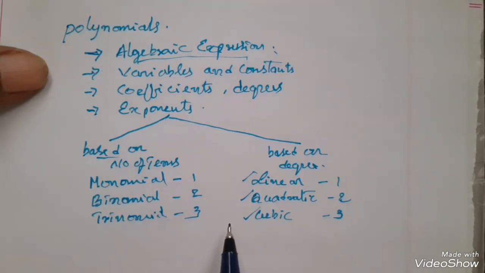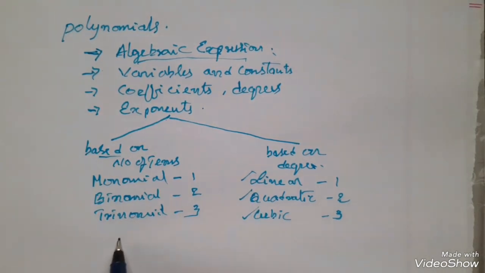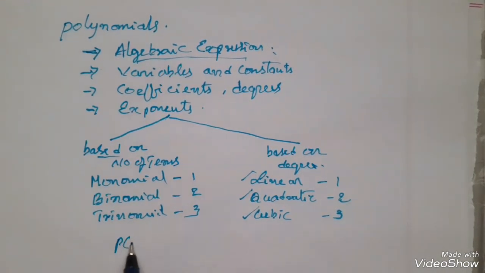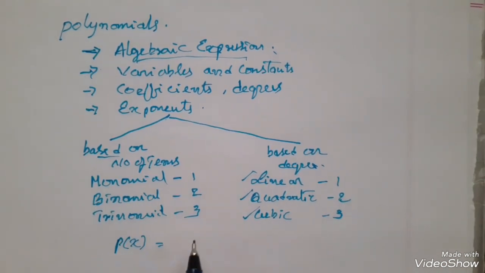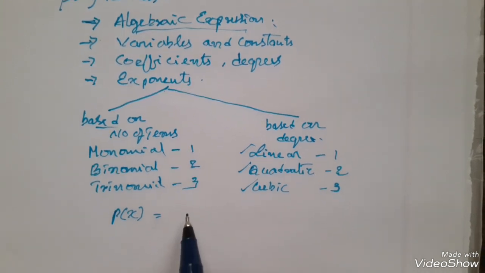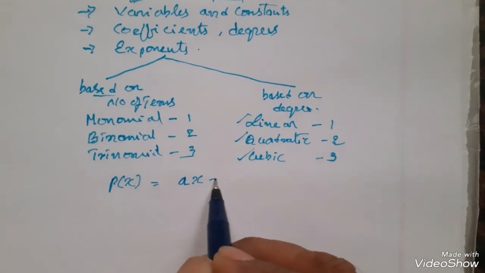So p of x is the notation of the polynomial. If the degree is 1, it is called linear polynomial. The general form of the linear polynomial, we can write ax plus b.